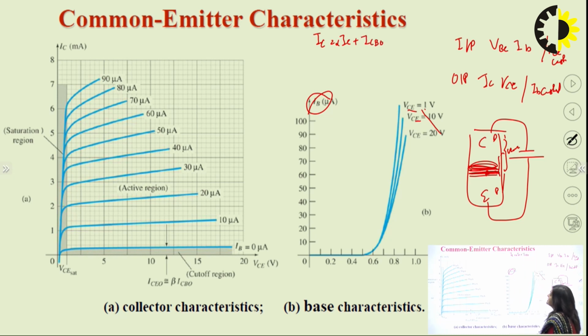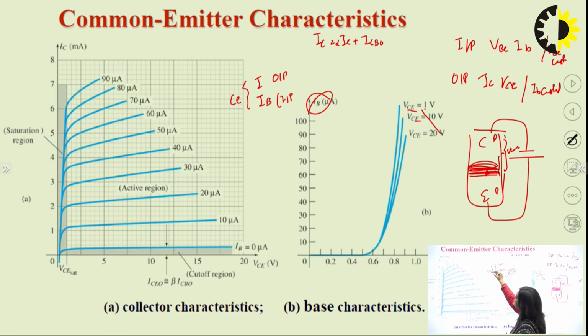Okay, so in this case we know that the output current is our IC and the input current is our IB. This is our input current and this is our output current, and this is the common emitter configuration.